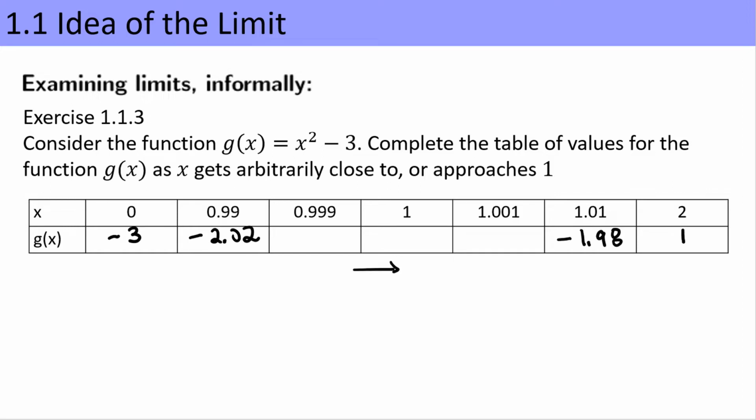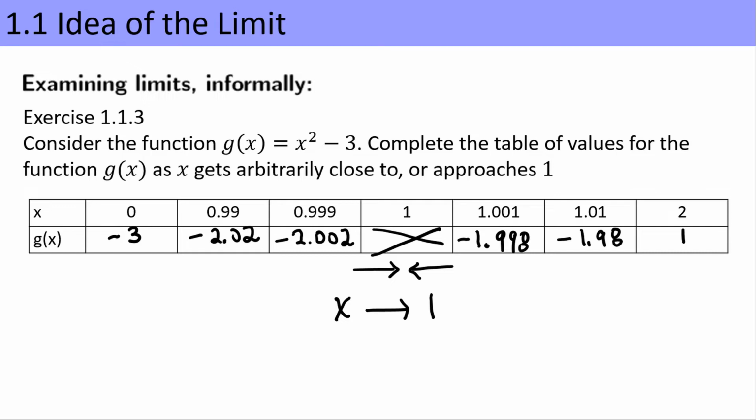Remember, we're getting as close as possible to 1, but we really don't care what happens at 1. At 0.999, the function value was -2.002, and at 1.001, the function value was -1.998.